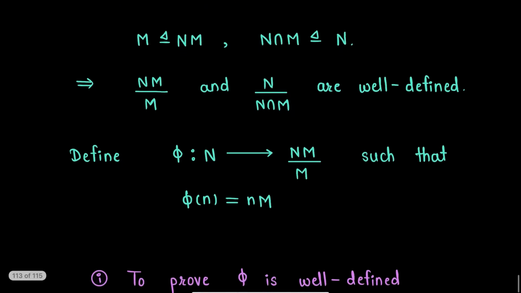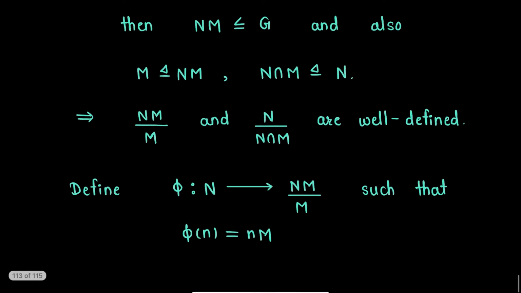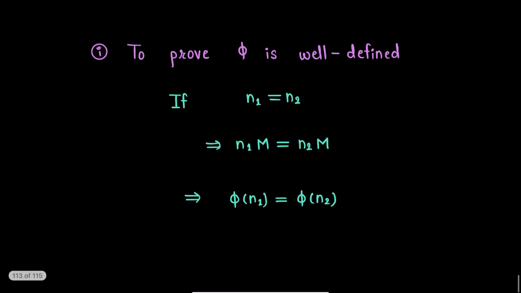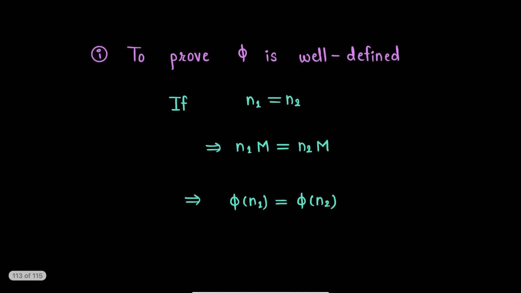Now, define a map, say phi, from N to NM over M such that phi of n is equal to nM. Now, firstly we will show that this map phi is well defined. For this, consider any two elements, say n1 and n2 in subgroup N, such that n1 is equal to n2.